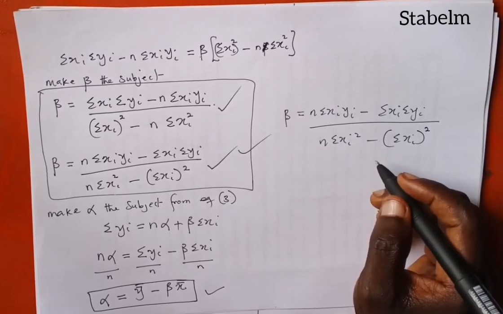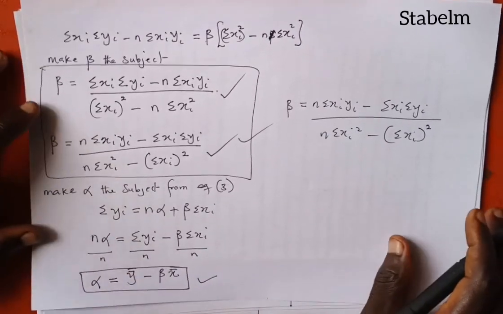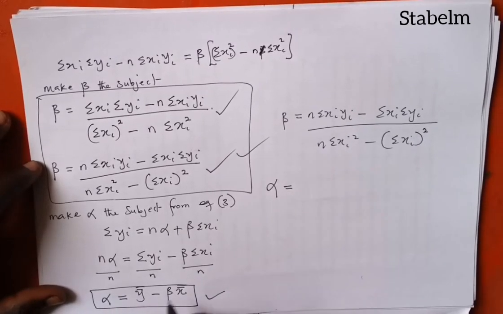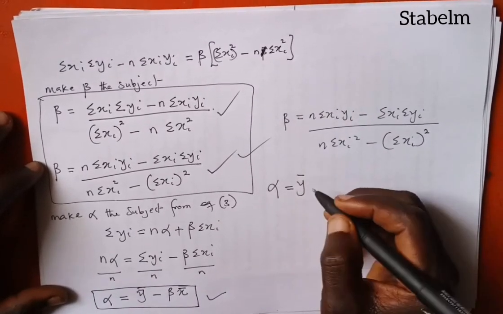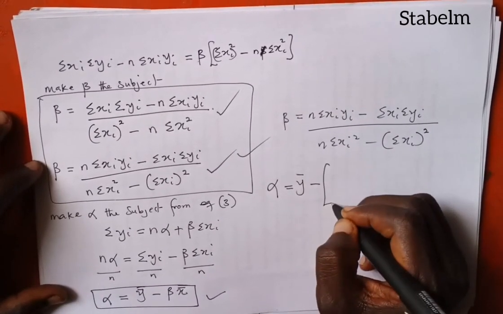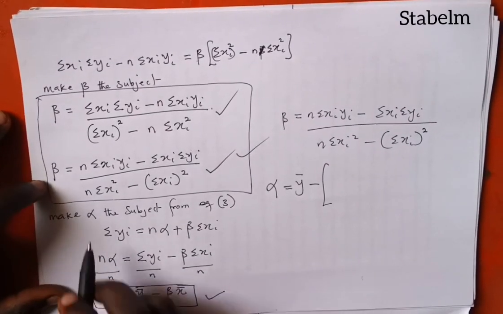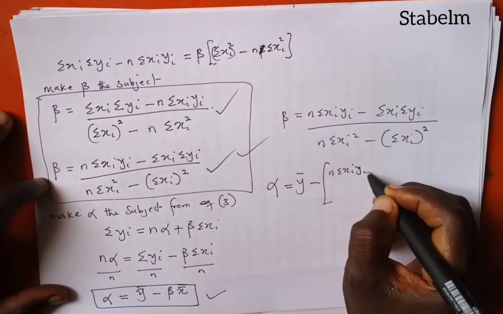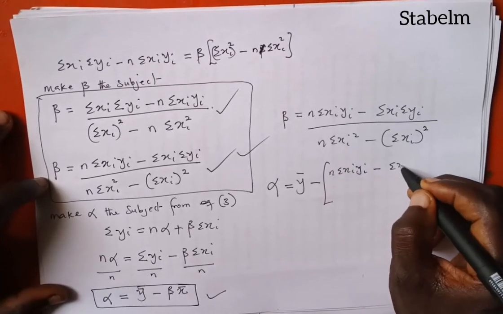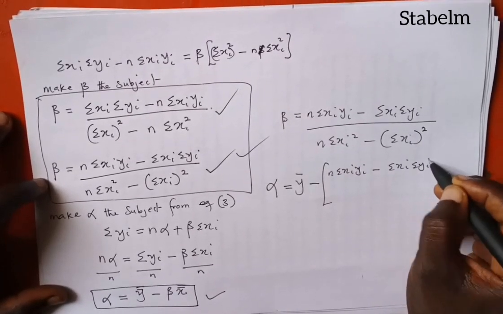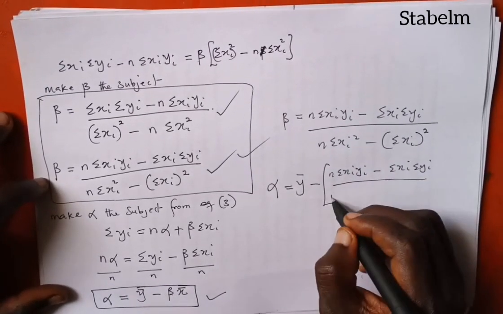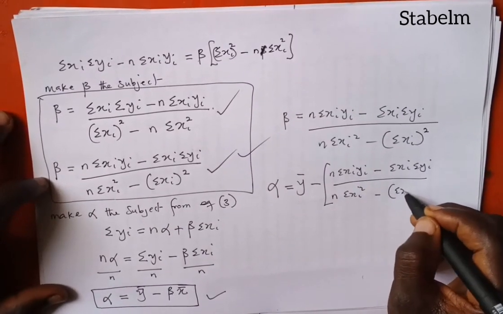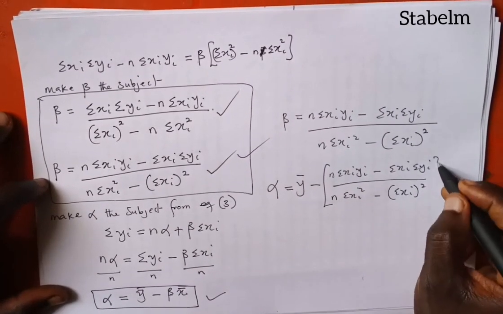Then here we can just say alpha should equal y bar minus bracket open our beta, which is this: n summation xi yi minus summation xi summation yi divided by n summation xi square minus summation xi all square.